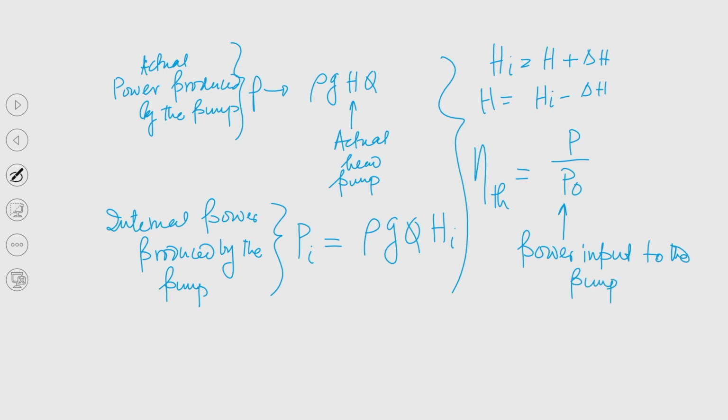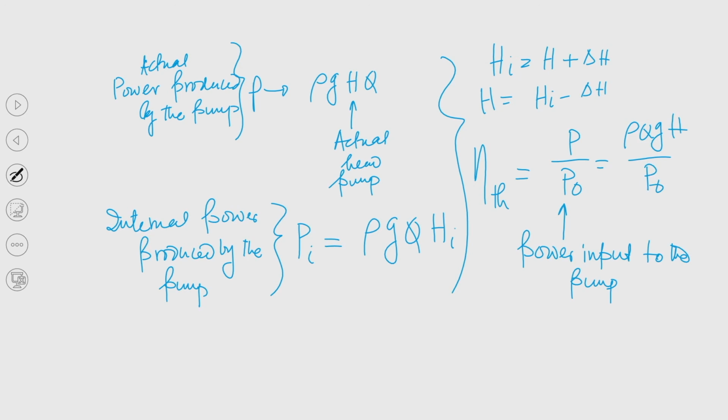As I told you, to have the reciprocating motion of the piston, we need to drive the piston by using an IC engine or electric motor through the crank and connecting rod mechanism. So, if the power input to the pump is P naught, and P is the actual power developed by the pump, that is the theoretical efficiency. Which is very important to understand, this is nothing but rho Q g H by P naught.